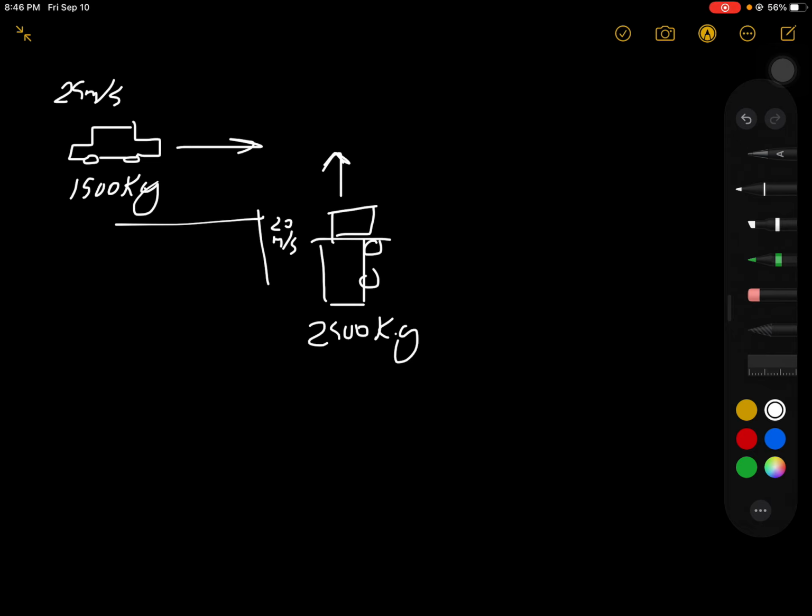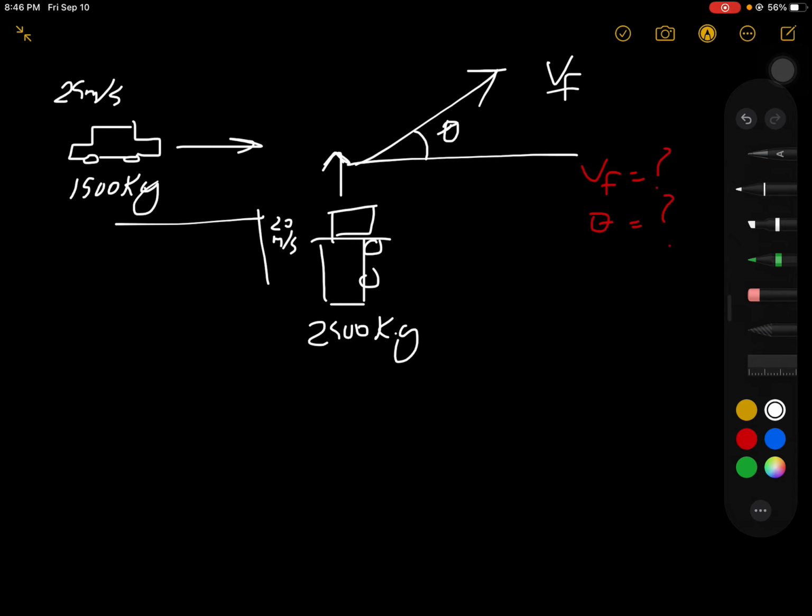After the collision the two vehicles stick together and move in this direction with angle theta and velocity v final. So the question is: find v final and find theta.